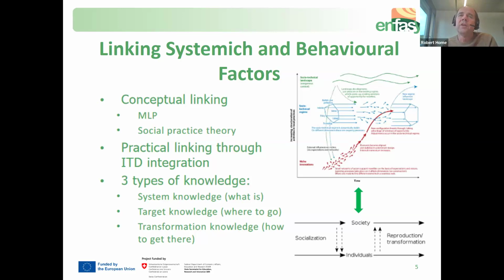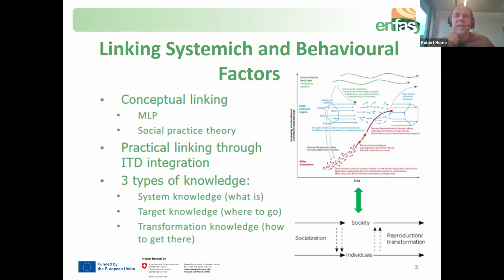It proved a useful way of thinking about the systemic and the behavioral factors, talking about how innovations can become mainstream. But what it didn't really help us out with very much was the process. So what makes these little arrows fly and become mainstream?